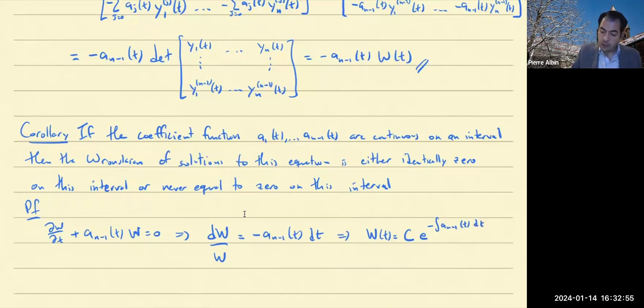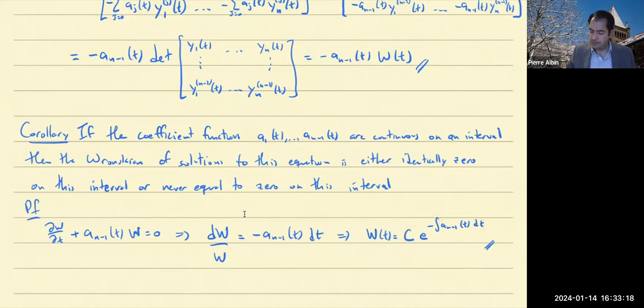And the point is that an exponential is never equal to 0. So if this function is equal to 0, it's because this constant is 0, and then this function is always equal to 0. And if it's not identically equal to 0, that means this constant is not equal to 0, and then this function is never equal to 0.